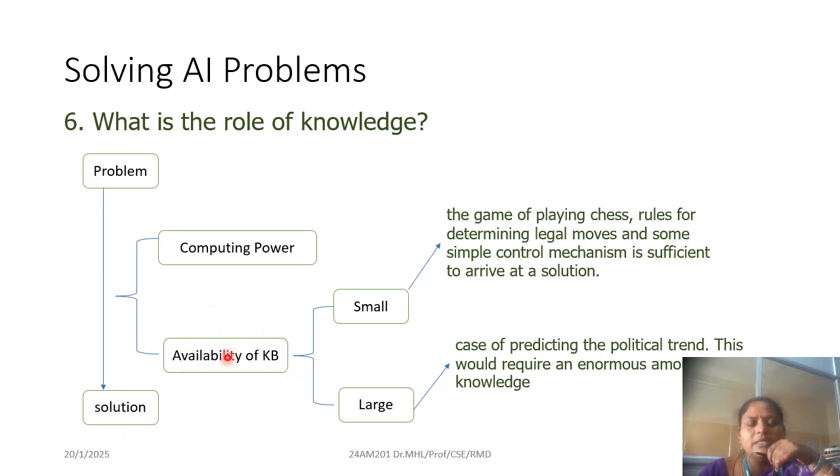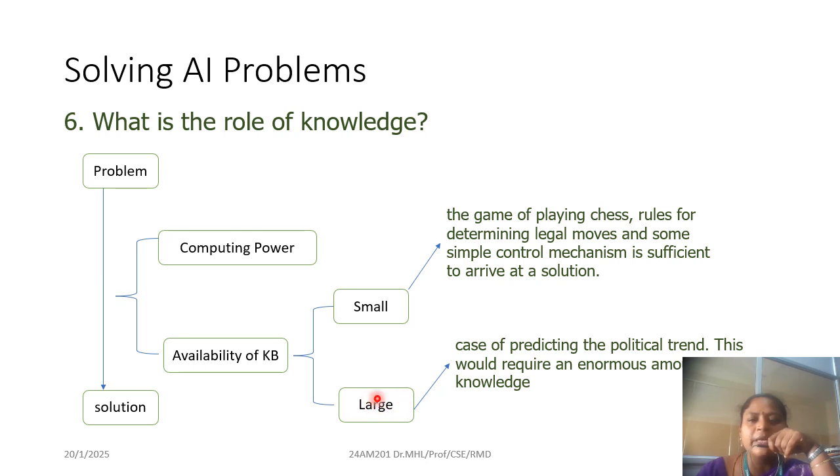Now, what is this KB, knowledge base availability, going to do? I can have a small KB or it could be a large KB. When is a small KB okay? For the game of playing chess, where the rules for determining legal moves and some simple control mechanisms are sufficient for me to reach a solution.